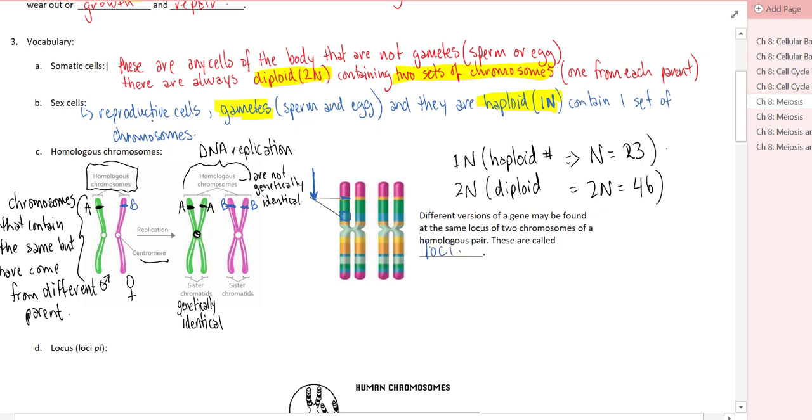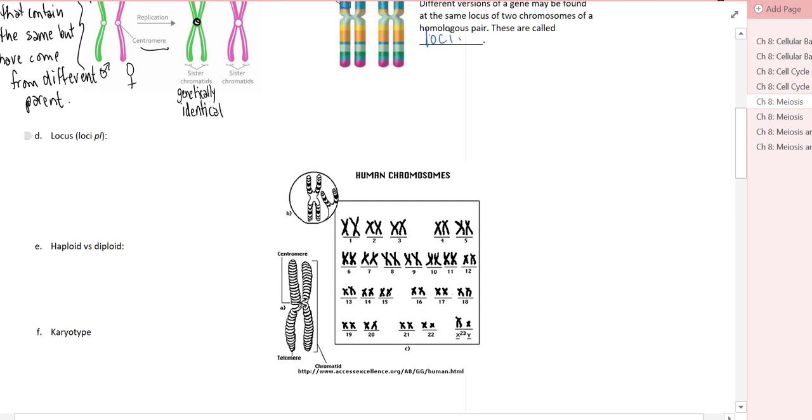Locus, or loci for plural. So a locus is a particular location of a specific gene on a given chromosome.